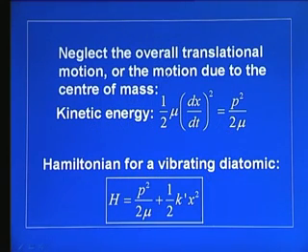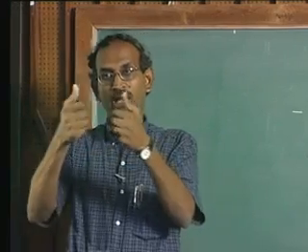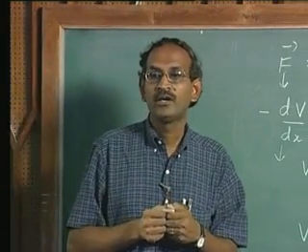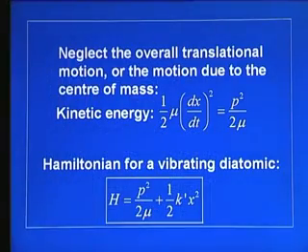If we neglect the translation of the molecule as a whole, then it is possible to rewrite the kinetic energy in the form of a reduced mass times a velocity associated with the relative displacement. This is elementary classical mechanics. I will not derive it. I will give you the answer.